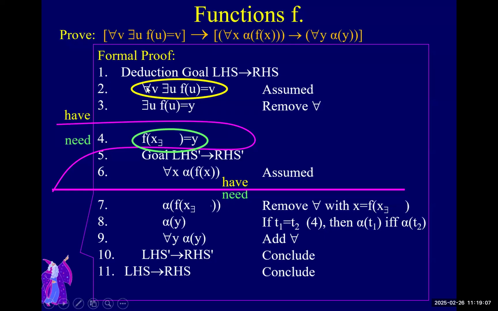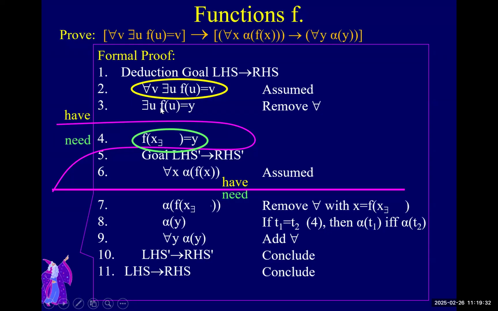Well, this is a for all u, for all v. So when I rip out the for all, I can plug in anything I want. Well, we're trying to get a y here. So that's where you have to not just be blindly ripping off for all v's and putting a v here. We have to plug in the y.